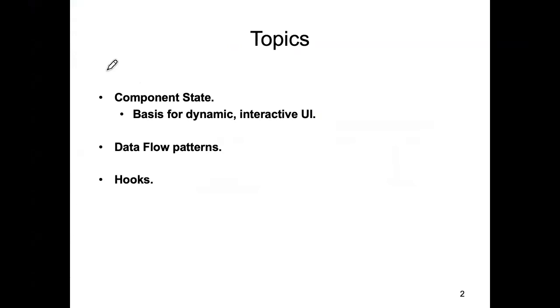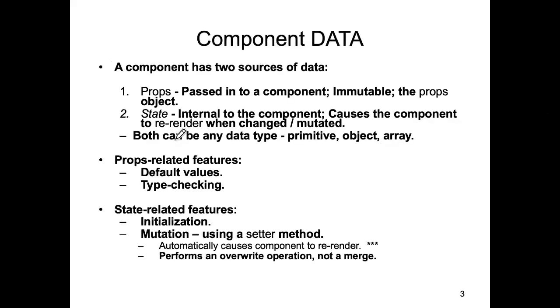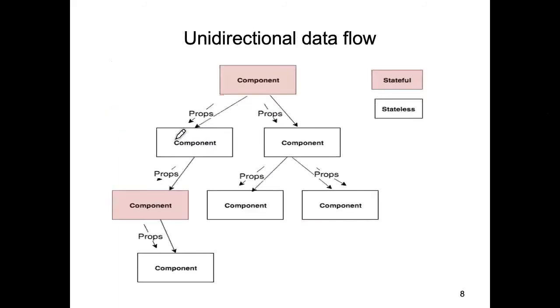The way we declare a state variable is slightly special, and also the way we mutate or change a state variable is special as well. Then I talked about data flow within a React app, and data flow we said was unidirectional, could only flow from parent to child components. And I also, as I talked my way through the diagram, which is this diagram here, I talked about the difference between stateful and stateless components.